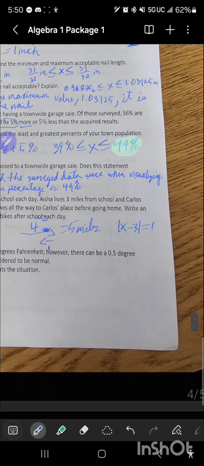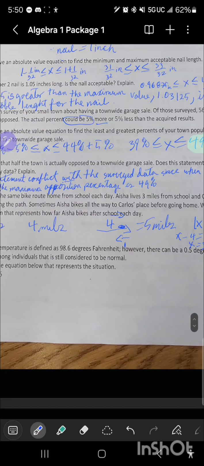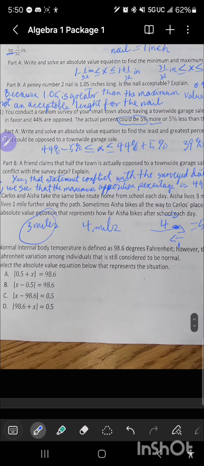Because when I solve this equation, I can say that x minus 3 is equal to negative 1, and oh, sorry, this is 4. I just realized it. I'm sorry. So I'm going to get that x minus 4 equals negative 1, and when I solve for x, I'm going to get that x equals 3, which is the value she bikes normally every day.